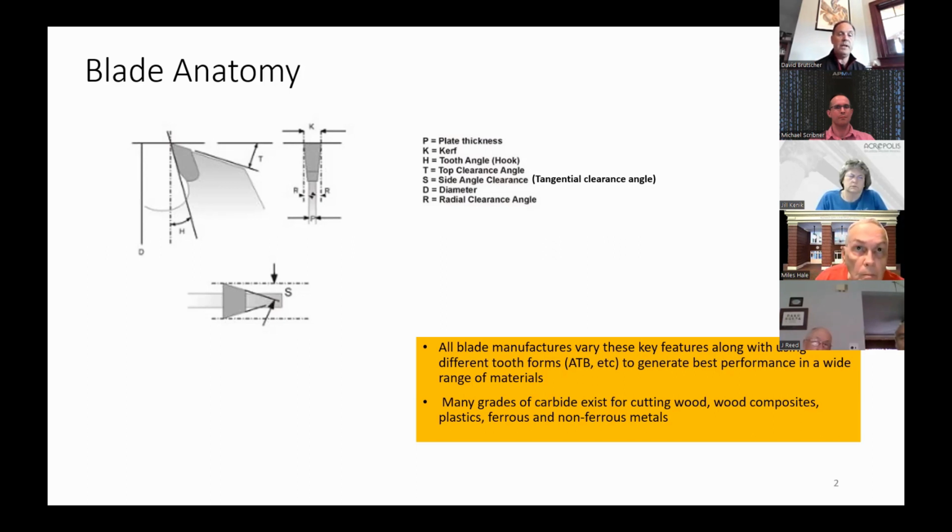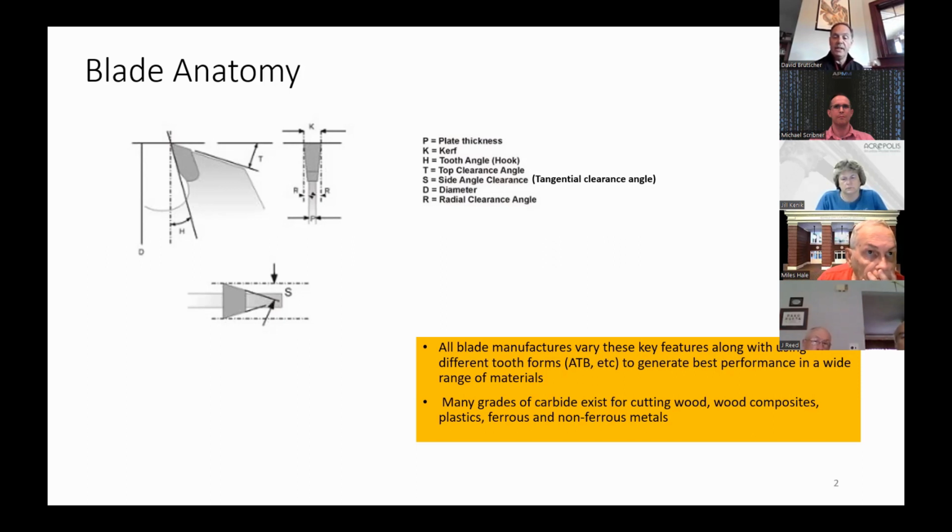These are pretty heavily guarded secrets because they do impact the performance of the blade in terms of key performance features like tear out or surface finish. But if they're too low, you don't have enough clearance, and that causes the blade to burn significantly or things like that. So whenever you look closely at a circular saw blade, you can see that it's a sort of trapezoidal shaped tooth form.